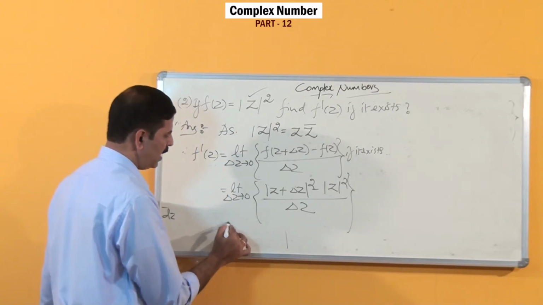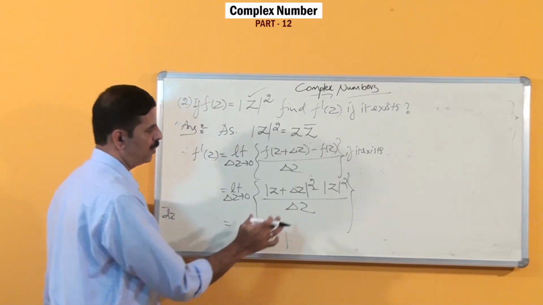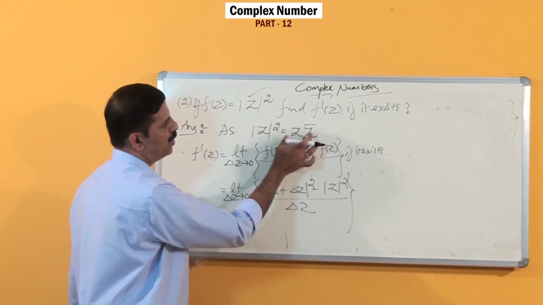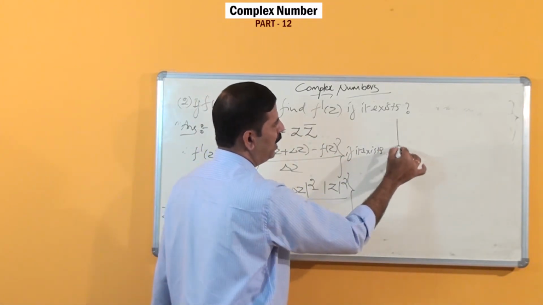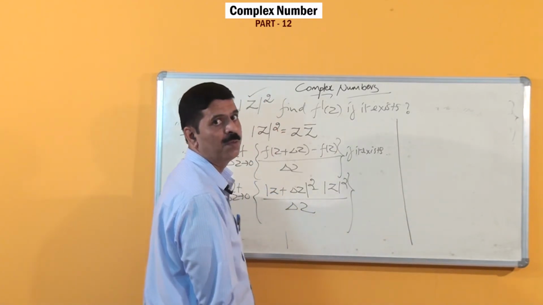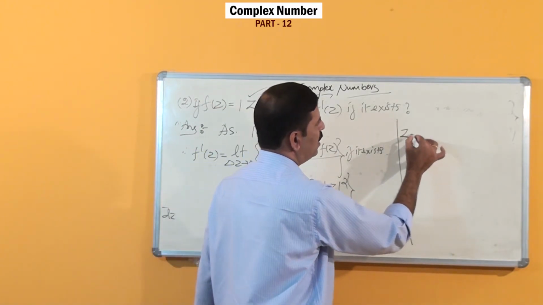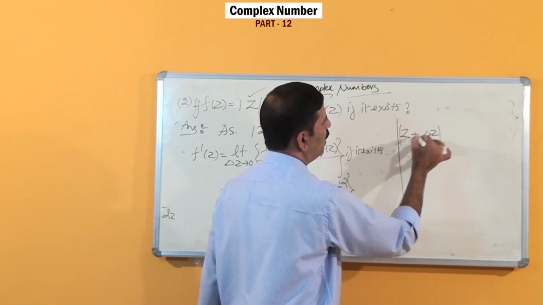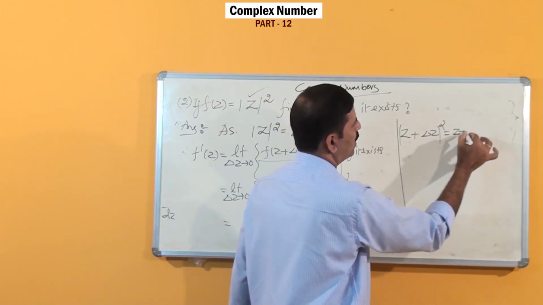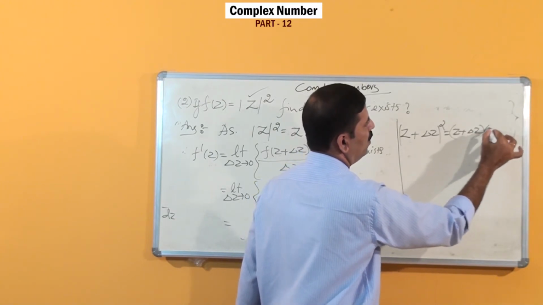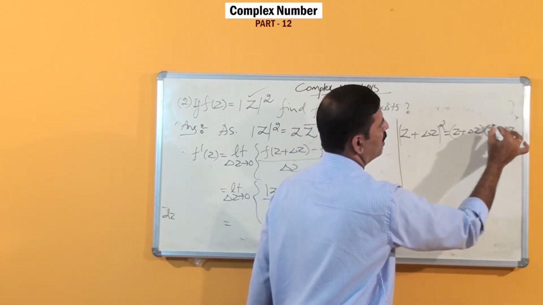Now you have to observe this by using this definition. I will write it inside for your convenience. Mod z plus delta z whole square is equal to z plus delta z into the conjugate of z plus delta z, which, according to the property of conjugate I explained in the last class, is z plus delta z into z bar plus delta z bar.